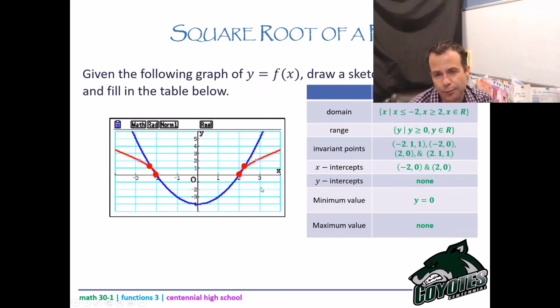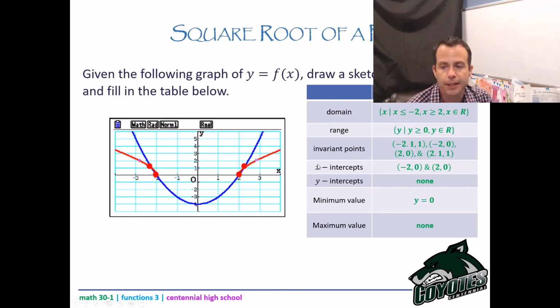Since that's all the way to 3, 2.1 or 2.2, I'd take either one of those. 2.3, 2.4 was probably going a little too far to the center there. My x-intercepts, I have 2 of them at negative 2, comma 0, and 2, comma 0. Y-intercepts, I don't have any. The minimum value here is y equals 0, and the maximum value is none.